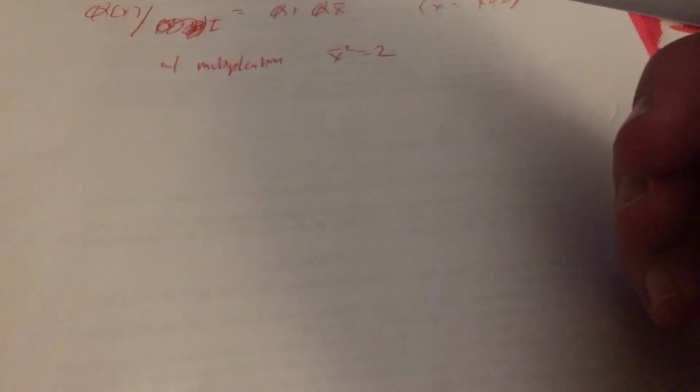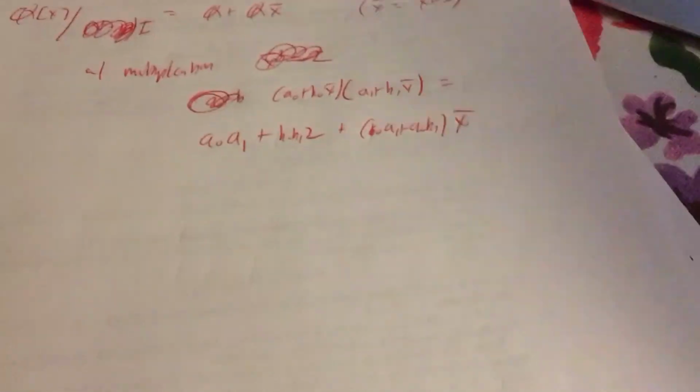Let me give you the full multiplication table. (a0 + b0 x bar)(a1 + b1 x bar) is equal to a0 a1 plus b0 b1 times 2, since x bar squared has been set equal to 2, plus (b0 a1 + a0 b1) times x bar.